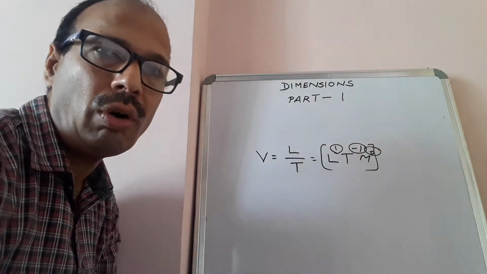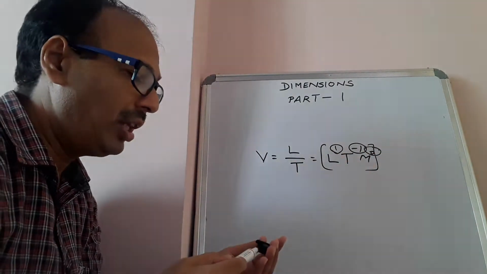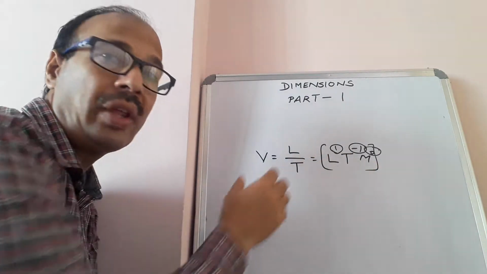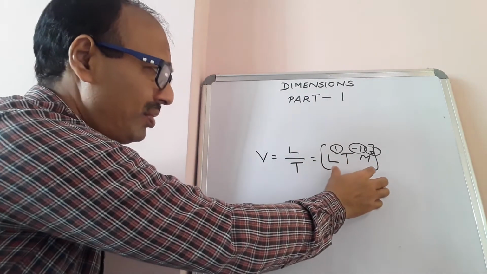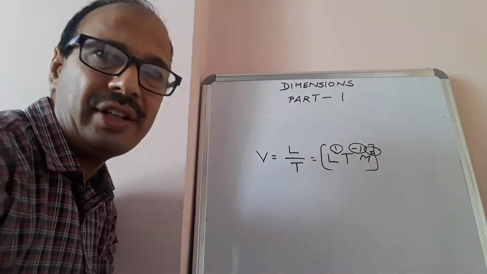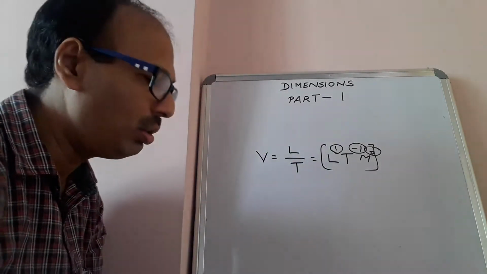Those powers are called dimensions, and the total product, the product of different fundamental quantities which represents a derived quantity, that product is called the dimensional formula of this derived quantity.